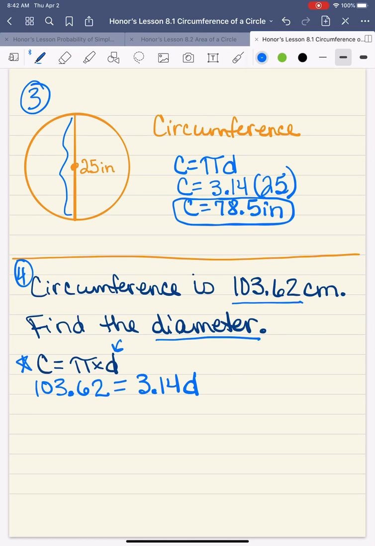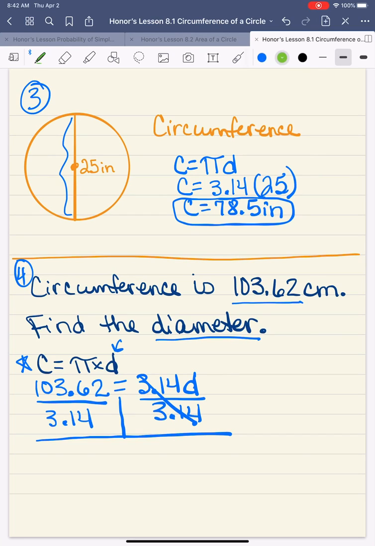Both ways mean multiply. So since we multiplied pi and diameter to get that, it makes sense that we're going to reverse that to solve for it. Even if you want to think of it like we have in the past with our equations, to undo multiplication, we're dividing. If I divide one side by 3.14, then I need to divide the other side by 3.14.